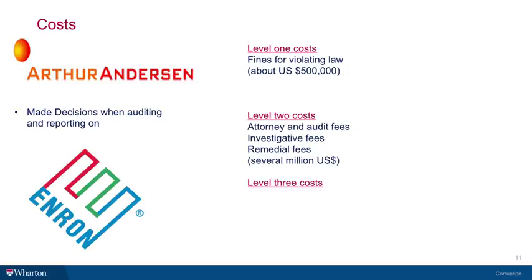Now, several million US dollars is a much larger number than $500,000 US dollars. But again, to a firm the size of Arthur Andersen, it was relatively inconsequential. This was something that certainly didn't endanger the firm.